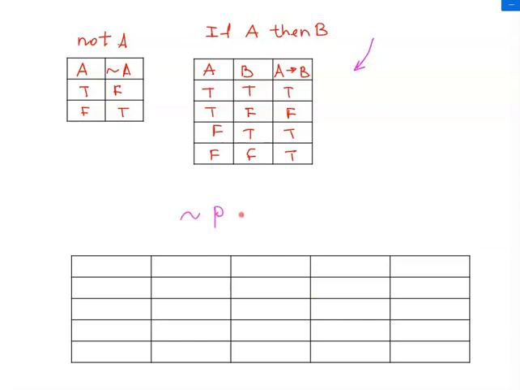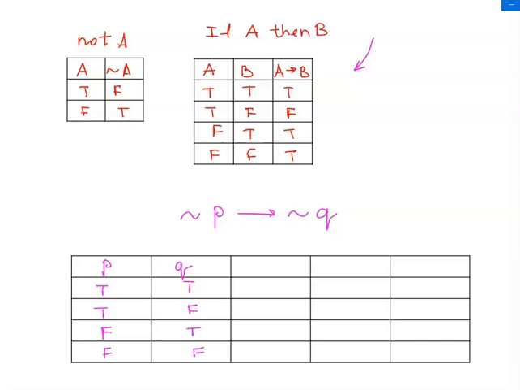I have negated P, arrow, negated Q. So if not P, then not Q. We have P, we have Q, so I'll just put our letters right away, and then we will talk about them. Again, we cover all possibilities. So now, John, what are we going to do with this problem? What do we do first?